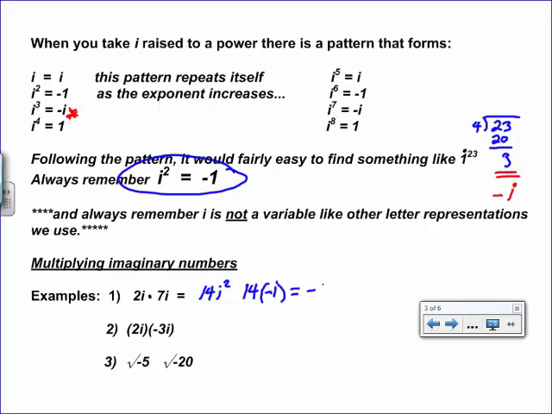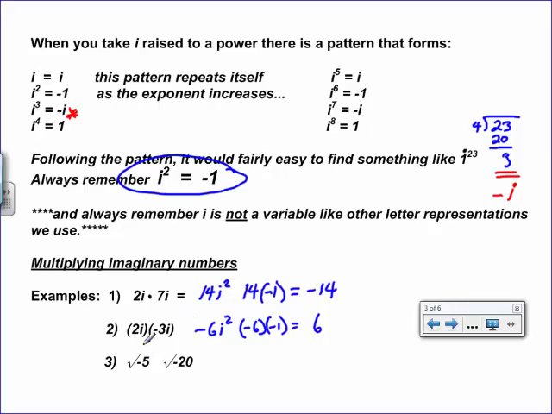So that's simply equal to -14. Another example with multiplying, again, multiply the numbers, -6, and that would be i squared. And i squared, again, is -1. So you would just have 6.